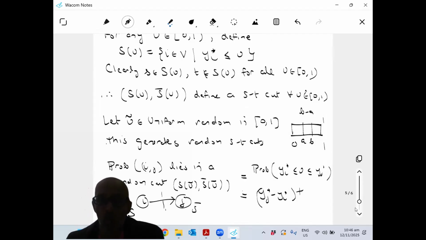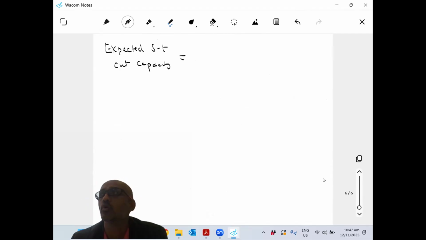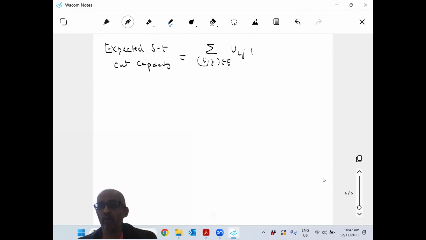Okay. So what is now the expected cut capacity? You take every edge in the graph. Uij is the capacity. What is the probability that ij lies in this random cut?